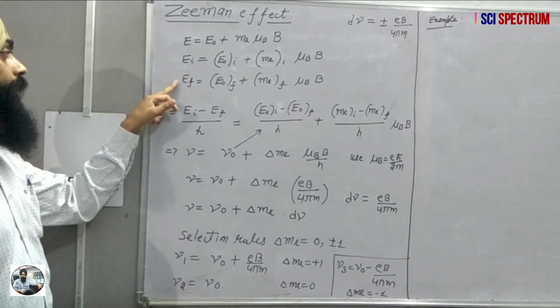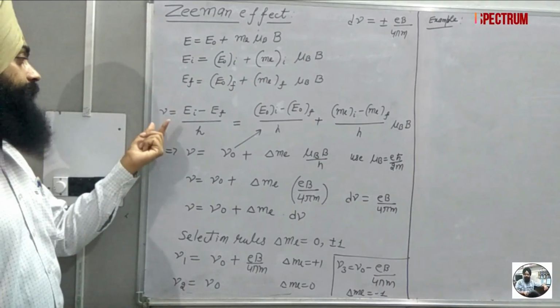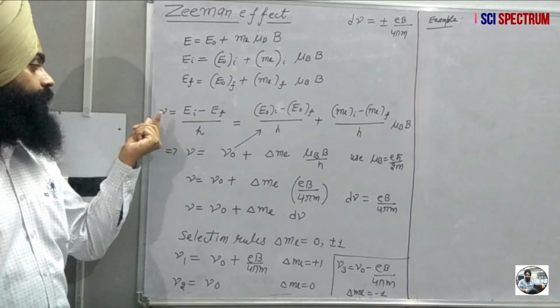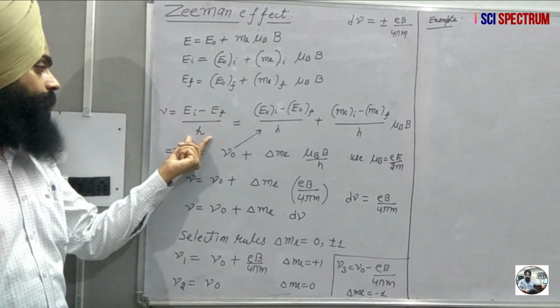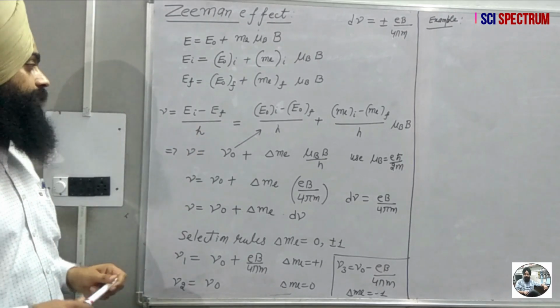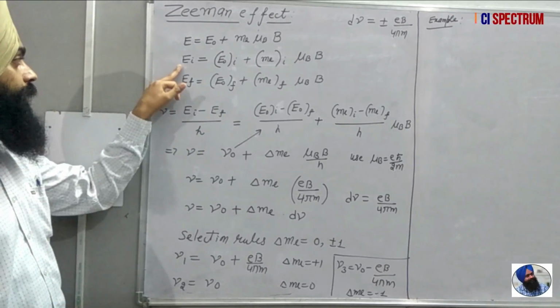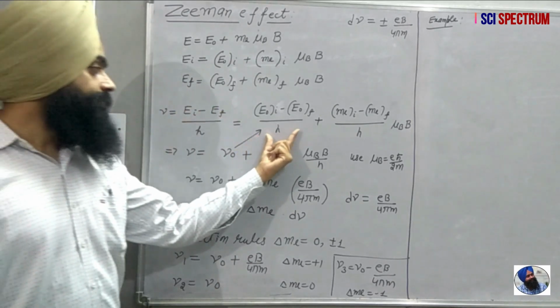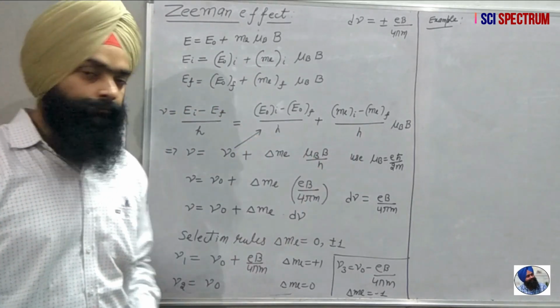Now, the difference of both the energies will give you the value of frequency, which is equal to nu equal to E_I minus E_F upon h. If I put the value of E_I from here and E_F from here, I will get this type of equation.